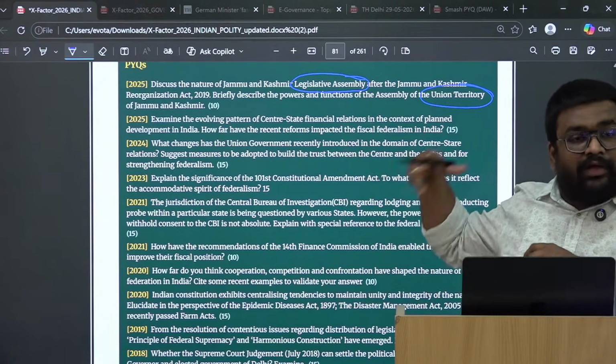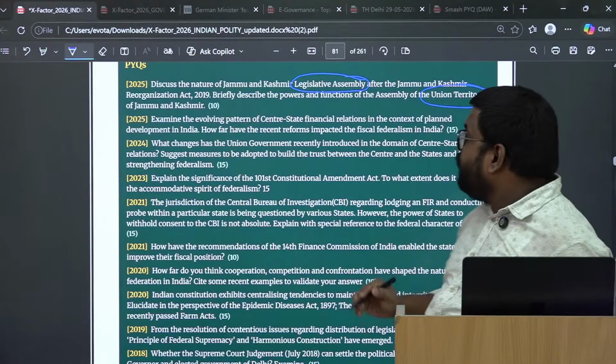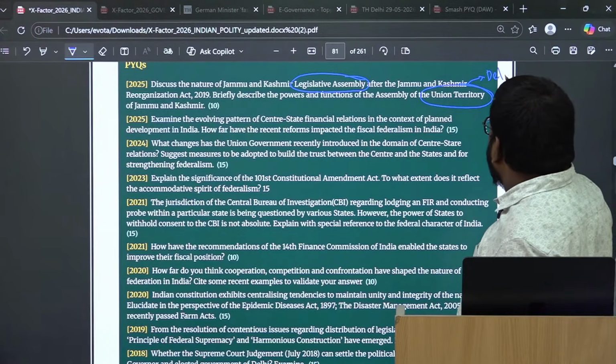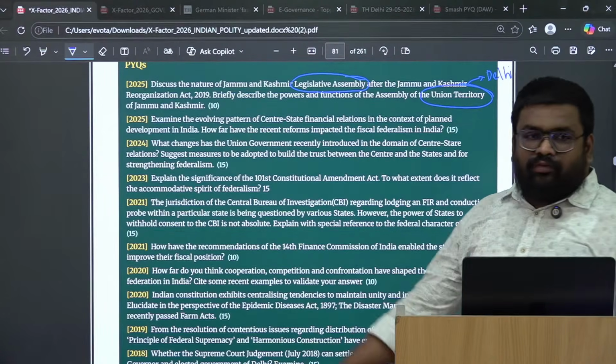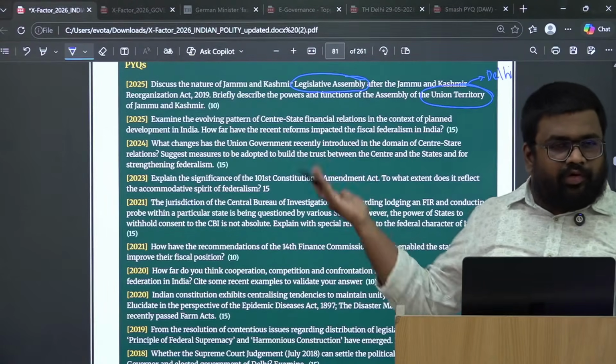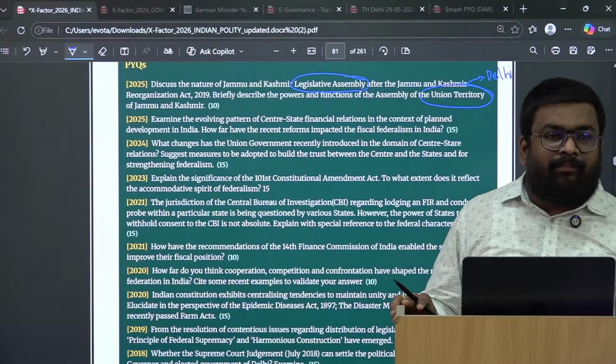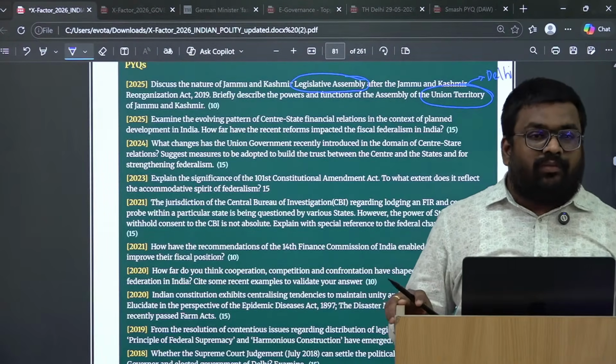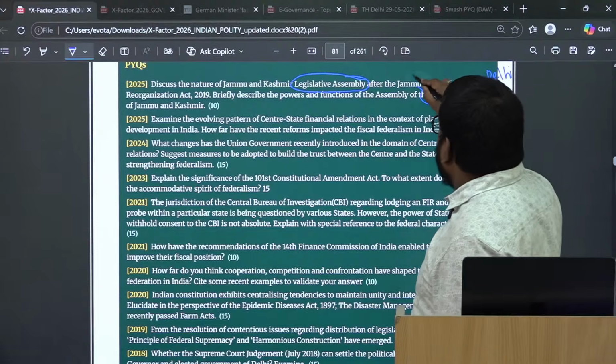Apart from this, there are other Union Territories which were in use. एक आपका हो गया दिल्ली, ठीक है, which was not much in news, और उसके ऊपर already 2018 पे क्वेश्चन आ गया है. The second Union Territory which was in the news majorly was Ladakh.